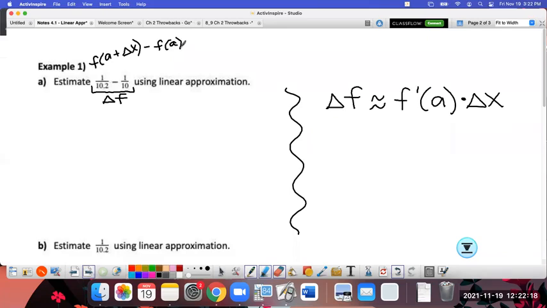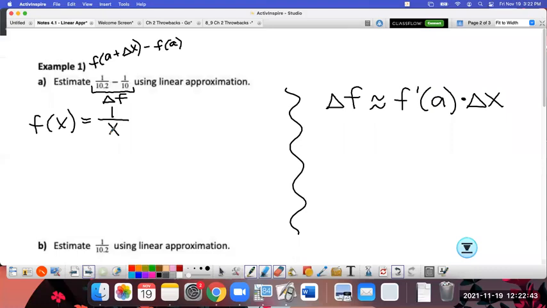So I need to know what was being plugged in and what was the function that I was plugging things into. Looking at that, it looks like there was nothing plugged in the numerator. It looks like it literally is just 1 over something. So I'm going to guess the function is 1 over x. So if it's 1 over x, that means that I was plugging in 10.2 and I was plugging in 10.